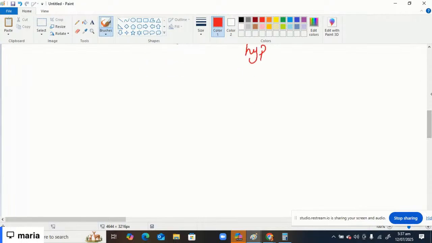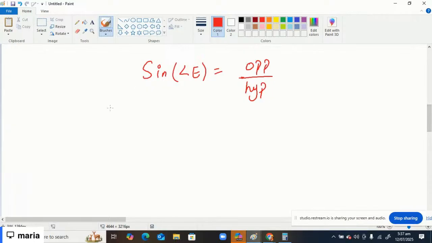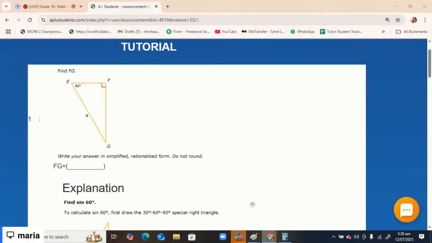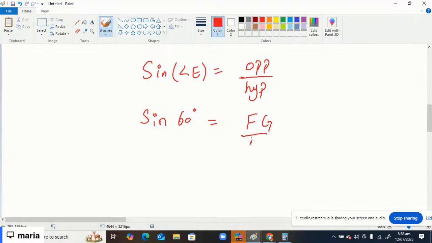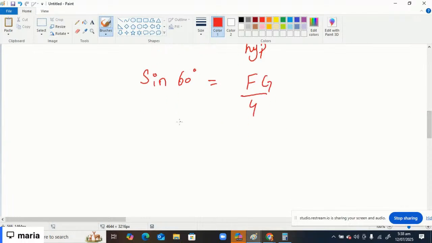So sine 60 degrees equals the opposite, which is FG, over 4. What is sine 60? That is square root 3 by 2, which equals FG over 4.